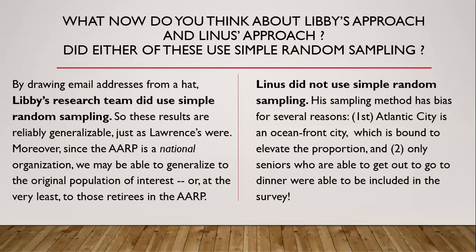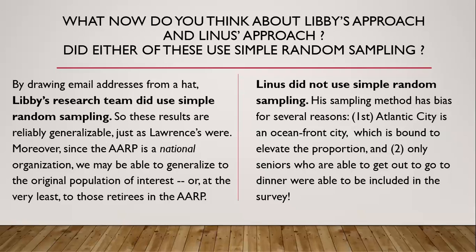We want to strive to use a technique like simple random sampling. The methods that were used by Lawrence and Libby, using computer programs to choose people at random, or drawing names out of a hat to get email addresses at random, those approaches are going to give every individual from a particular group equal likelihood of being selected.